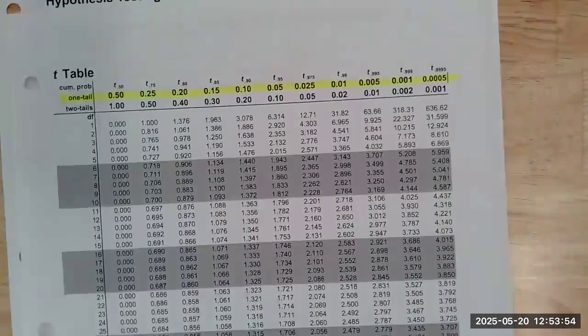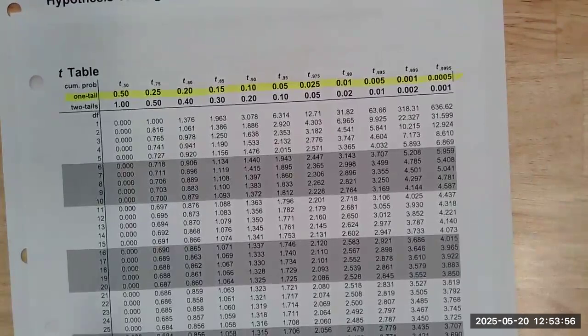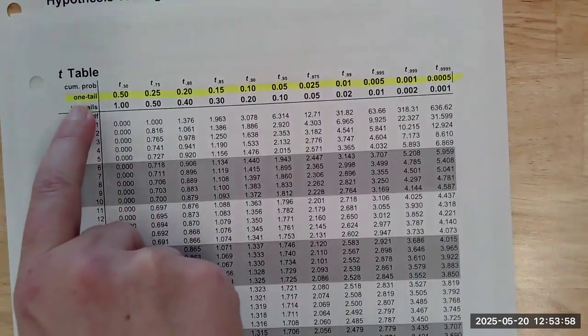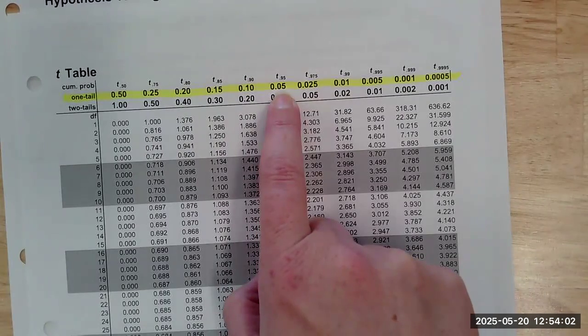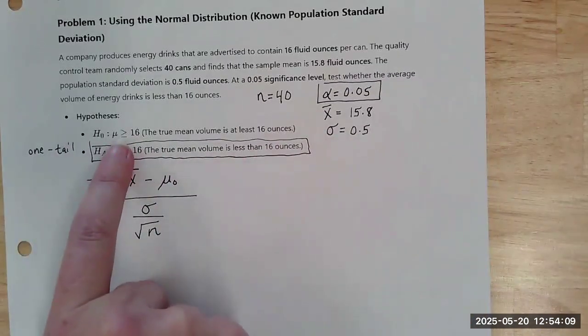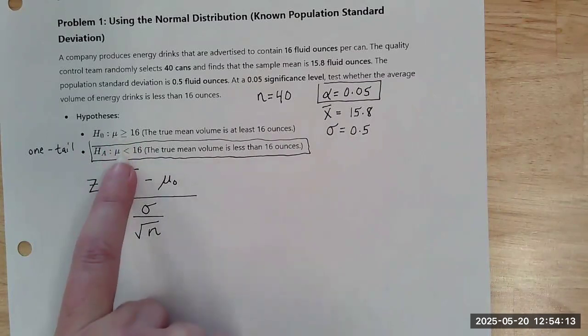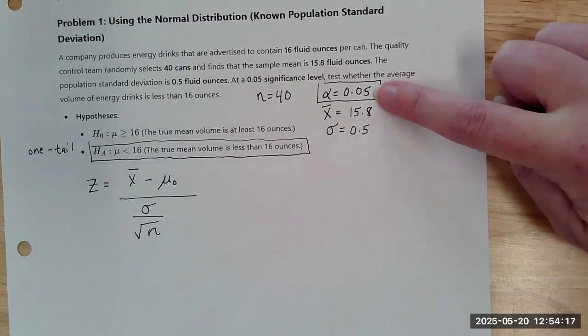If we were using the T table for this one, I would stay in the one tail test and go to the 0.05 right here. I wouldn't cut it in half. If it were a two tail test, so if instead of putting a greater than or equal to sign here, they just put an equal to sign, and instead of putting a less than sign here, they put a not equal to sign, then I'd have to cut that alpha in half.